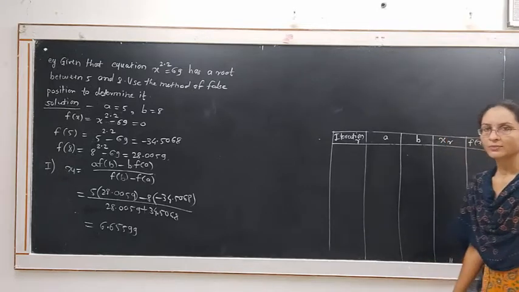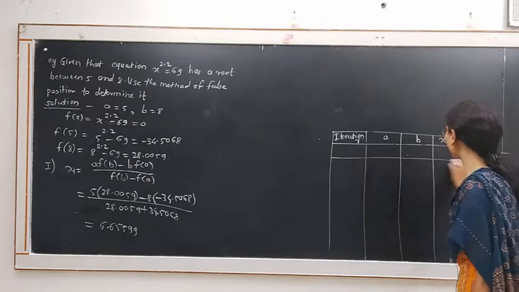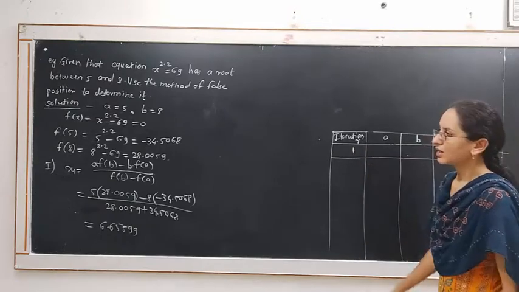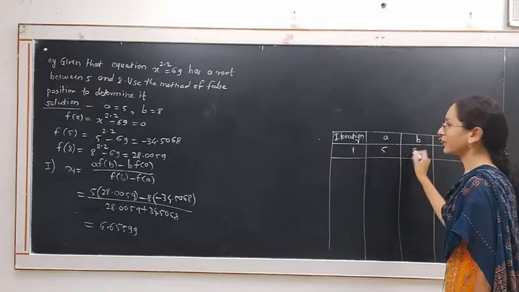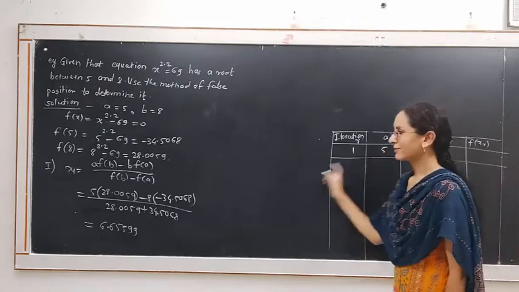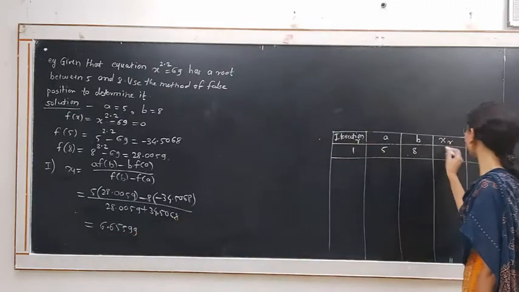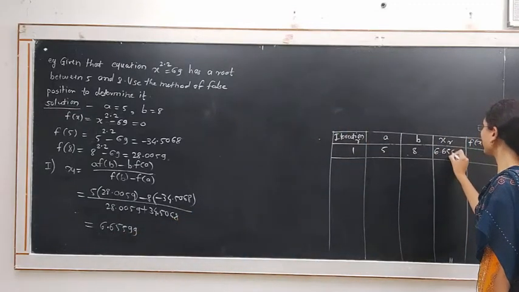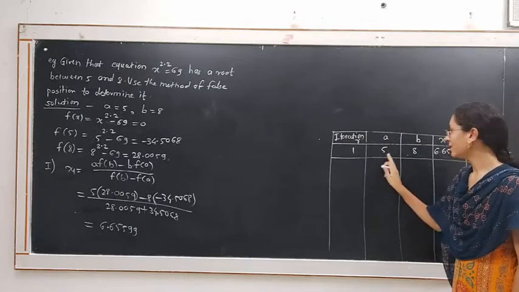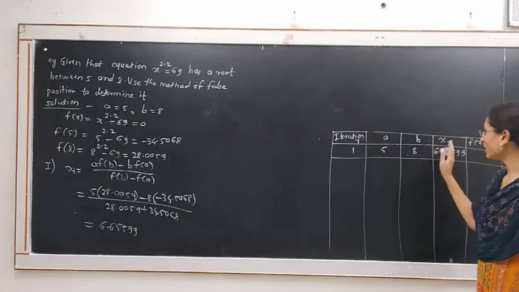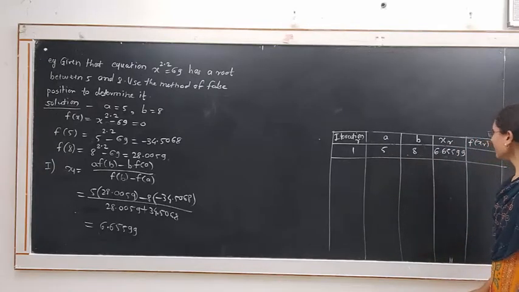For r equal to 1, we get a equal to 5, b equal to 8, and x1 is obtained as 6.65599. Remember that we are finding the root between 5 and 8. Hence, all the values of x1 should lie between 5 and 8.